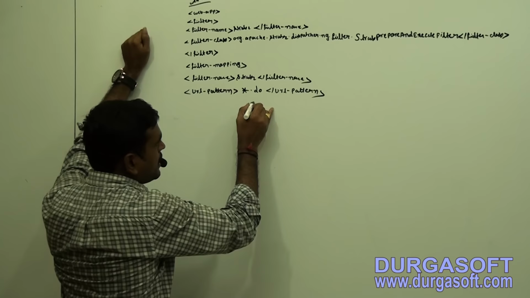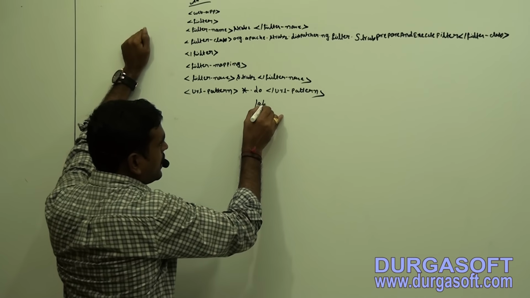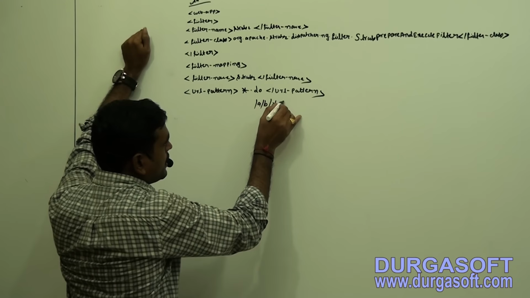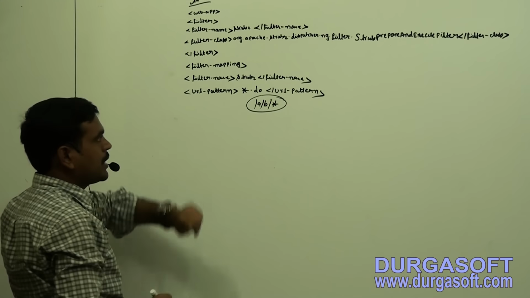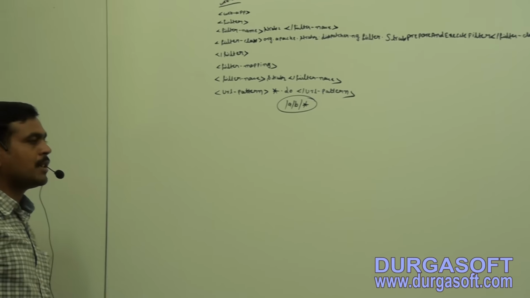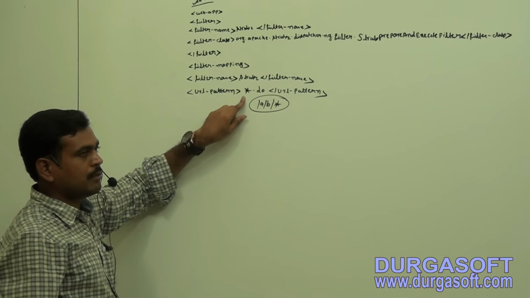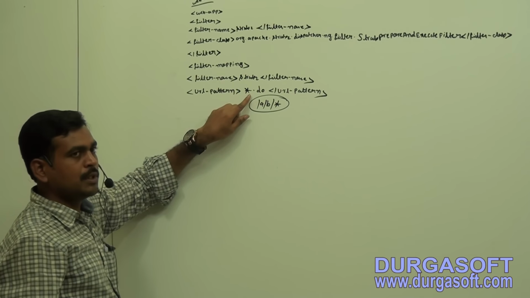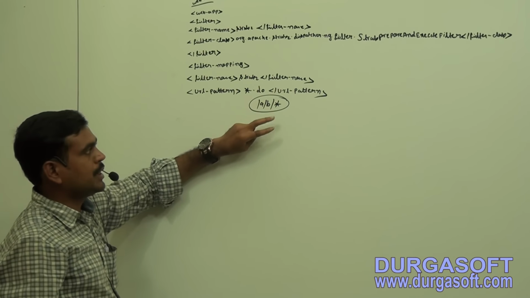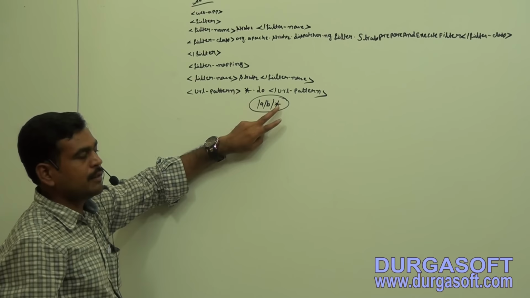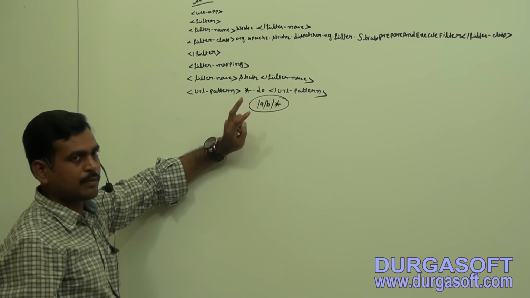Otherwise, directory match also we can take. Directory match is like this; at the end a star is required. Struts supports either directory match or extension match. The star is replaced by some value, like durga.do, tech.do. So at the end a star is required whenever you are taking the directory match.